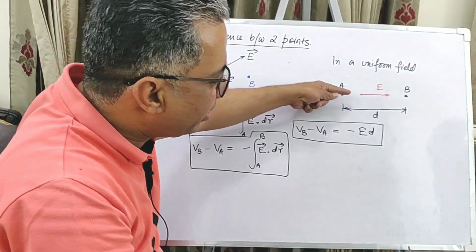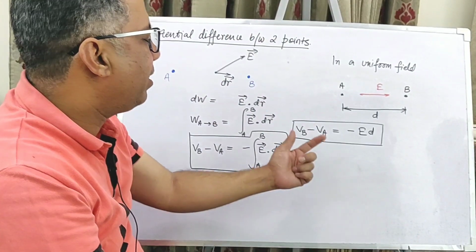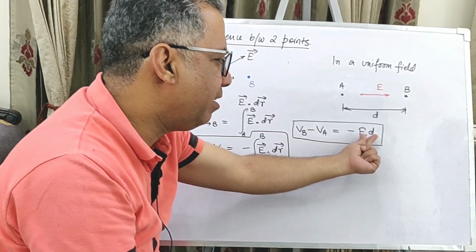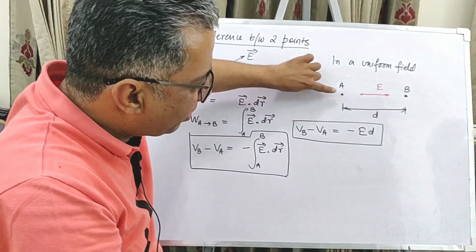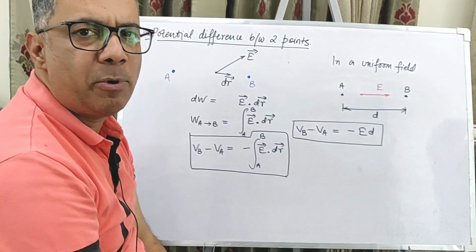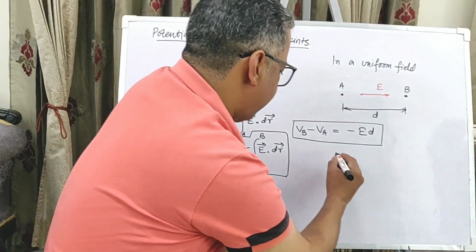Now the field was pointing from A towards B, and therefore what we observe is, since VB minus VA is coming out to be negative, what we discover is that as we move in the direction of the field, potential tends to decrease.